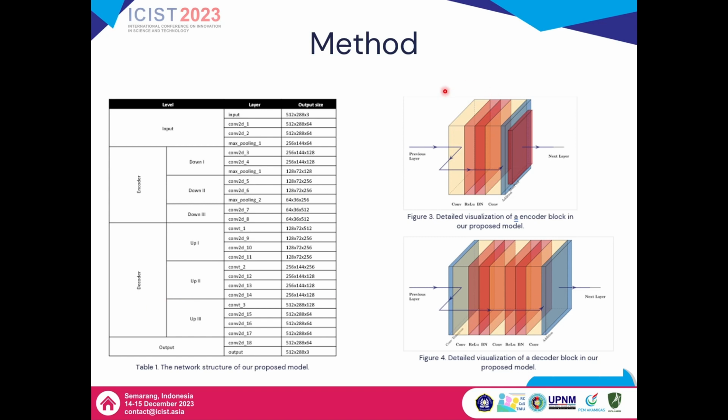And if we want to look at the detailed visualization of an encoder block, this is the encoder block in our proposed model. Below is the detailed visualization of a decoder block in our proposed model. The decoder block here has more blocks than the encoder block.